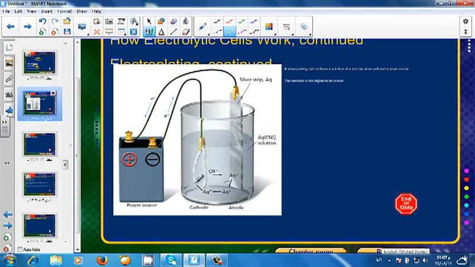My spoon, for example, will be the cathode through which reduction takes place and electrons are gained. And the metal that I will use as a source of these ions will be the anode, immersed in a solution of this ion. So here, for example, the anode is silver, immersed in silver cyanide solution.